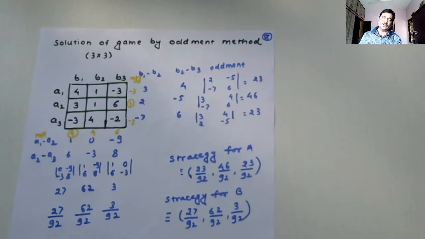How long will this go? If you have some specific method for 4 by 4, then 4 by 5, 5 by 6, then it will be frustrating. These are, however, specific methods for specific dimension problems.